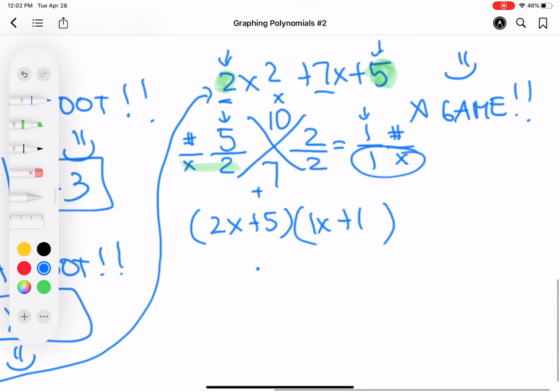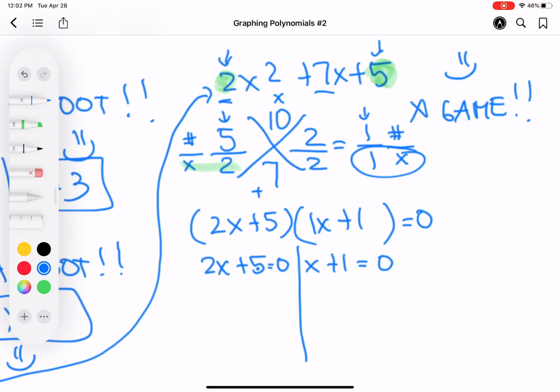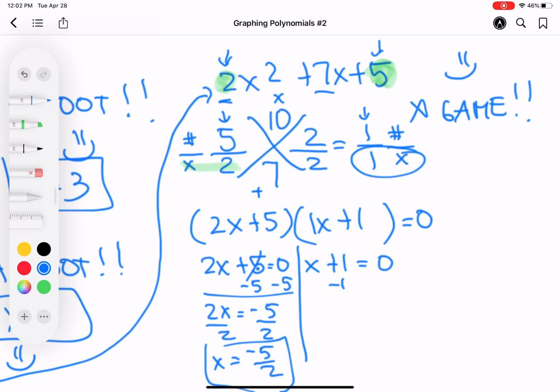Now to find our roots, just set it equal to 0. So we have, by the zero property, this one equal to 0 or this one equal to 0. All right, so let's solve for x. Okay, there's one, and our other one is here. Yay, we found the other two roots.